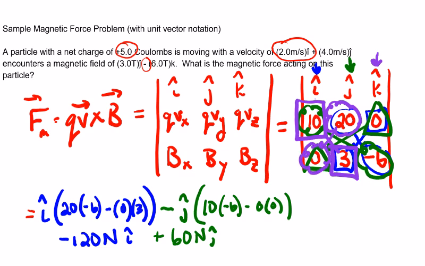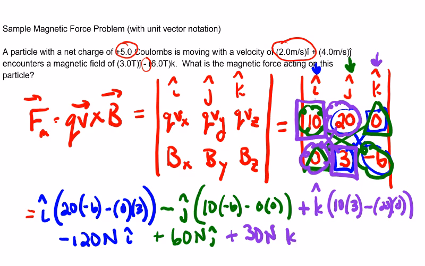And we're adding again, so for the K, we're going to take 10 times 3, we're going to subtract 20 times 0. Now I happen to have zeros in here, so we got a lot of things that kind of canceled. We had a 0 in the I, we had a 0 in the K, so that kind of affects things. 0 times 20 is just 0. We've got 10 times 3, which is 30. So we're going to add 30 newtons in the K direction.